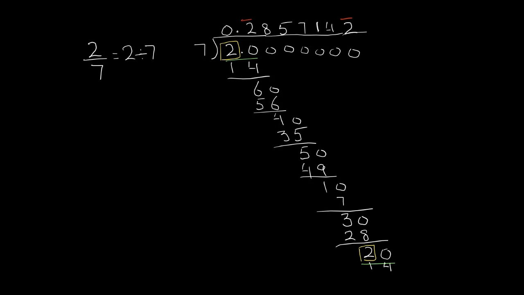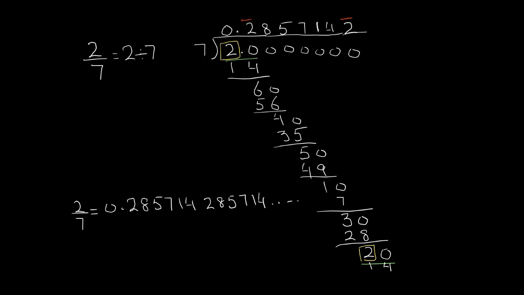So now what you find out is that 2 over 7 can be written as a decimal expansion, which is 0.285714, and then 285714 dot dot dot.